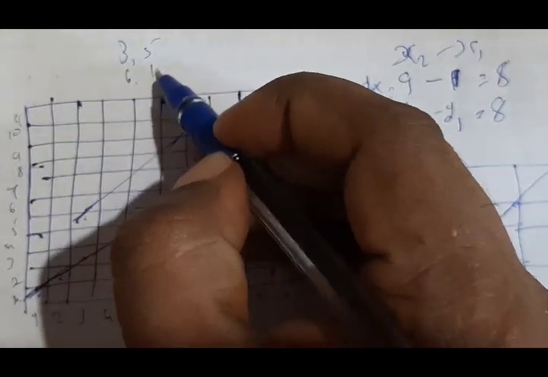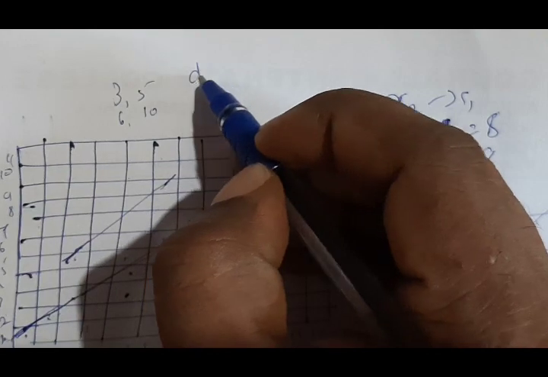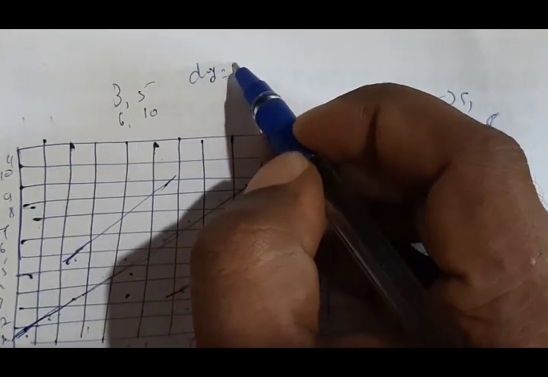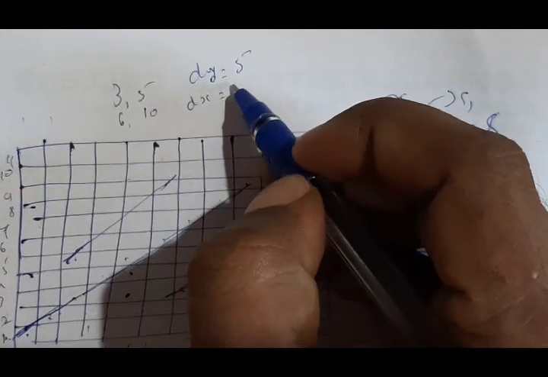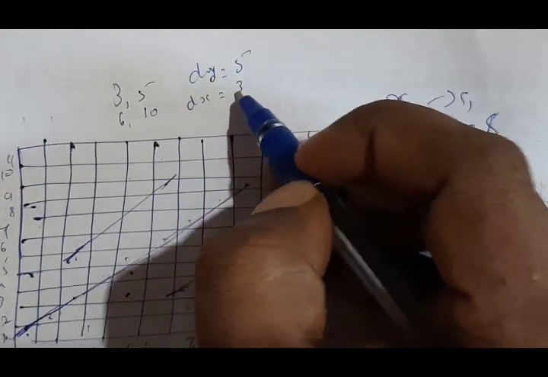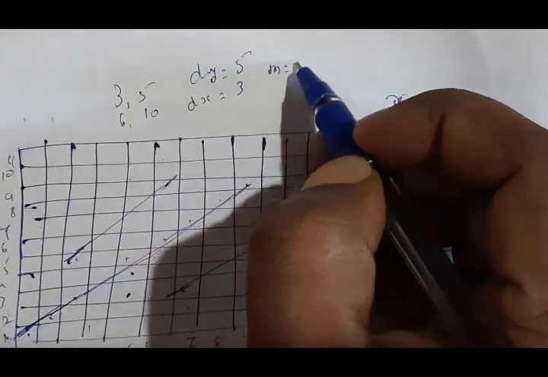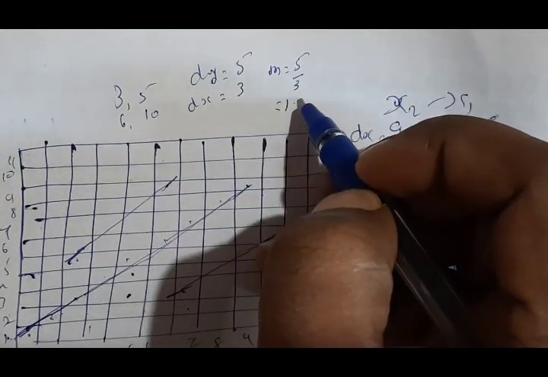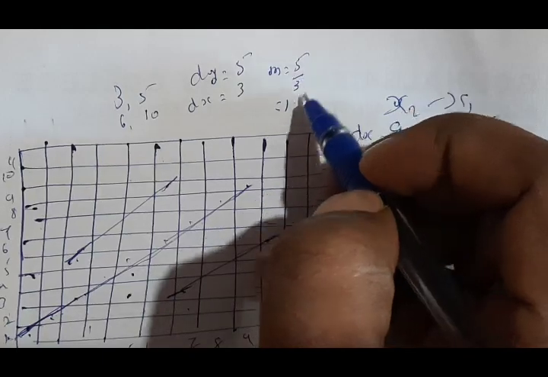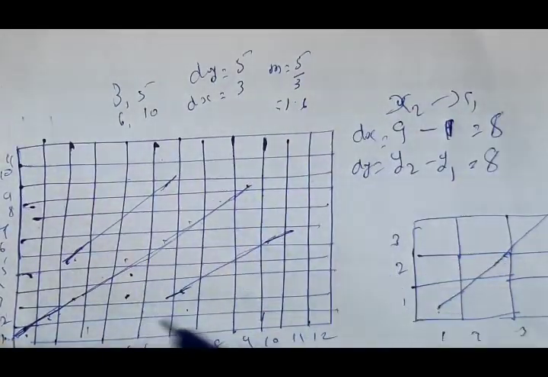What is dy here? dy is equal to 10 minus 5, you get 5. What is dx? 6 minus 3, that is 3. What is the slope? 5 divided by 3, you get 1.6. So here m is more than 1.